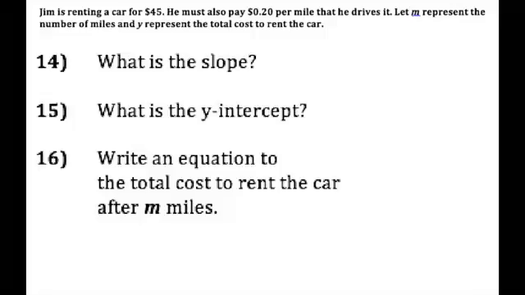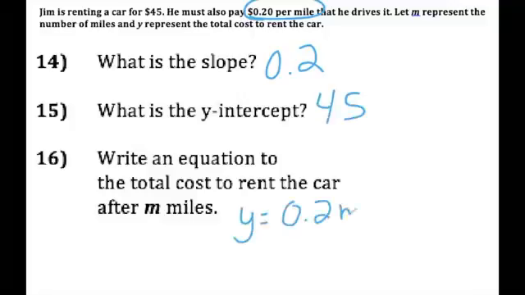Okay, our slope is 20 cents per mile, so that's 0.2. The y-intercept is what we start with, that's $45. So our equation is y equals 0.2m plus 45.